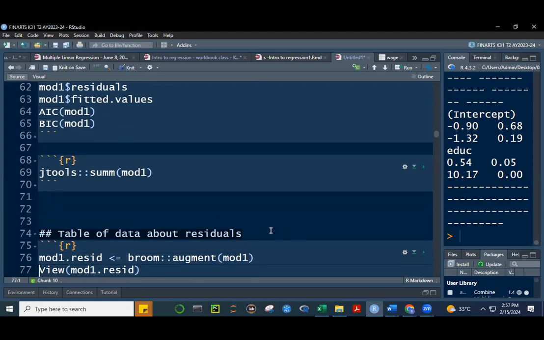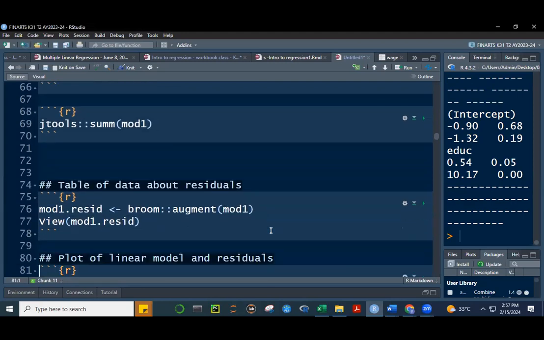Okay, now we can get information about the residuals. Last time, I think I introduced to you the Broom package.